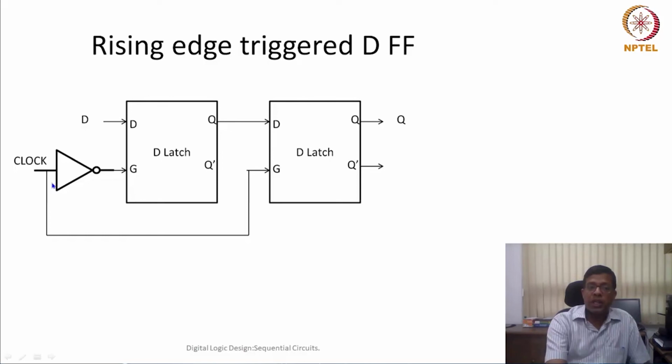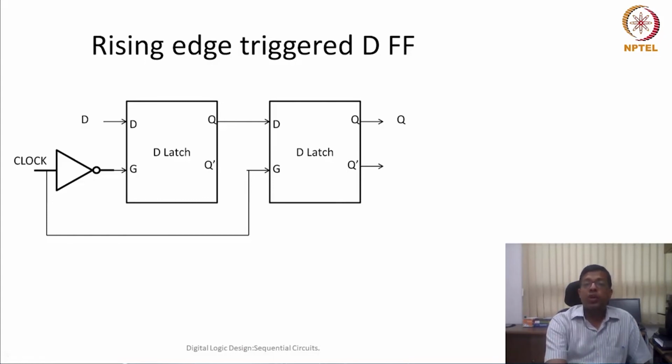Because the clock is inverted, whenever the clock signal is 0, whatever the D value is would be given as the output of the first D latch.